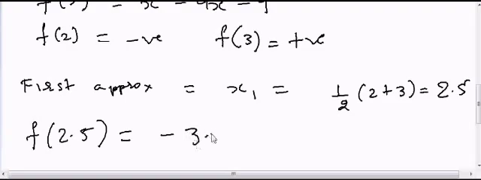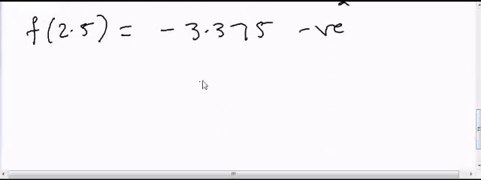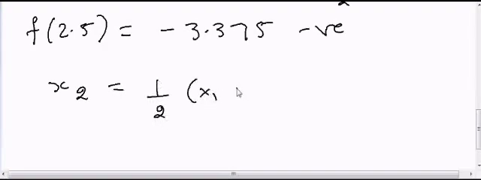negative 3.375. So as you can see, this is not even close to 0, so we had better do one more approximation, and this is a negative number. So if this is a negative number, I will approximate x2, that will be equal to 1 by 2 of x1 plus 3, and in that case it will be 2.75.